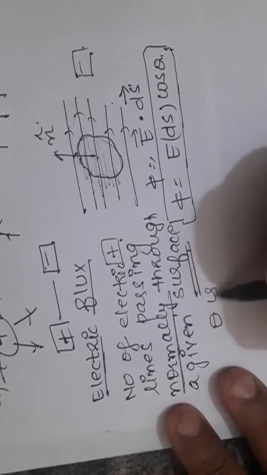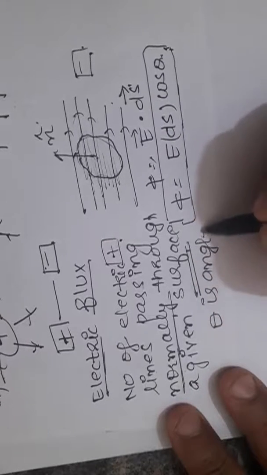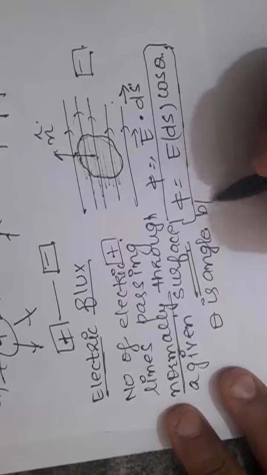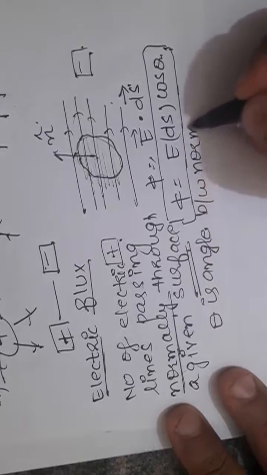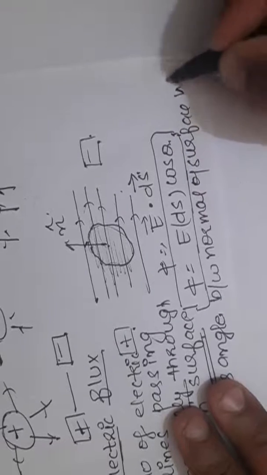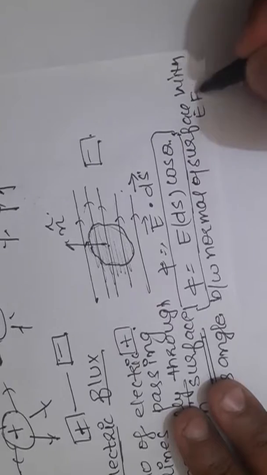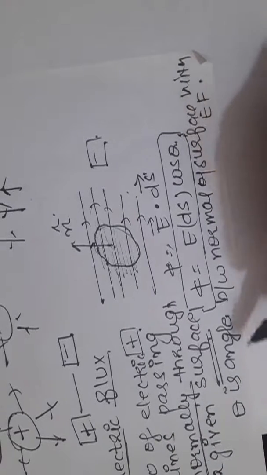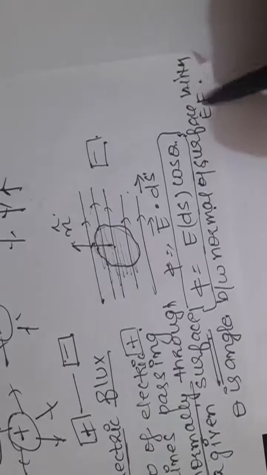Always remember, theta is the angle between the normal of the surface and the electric field.